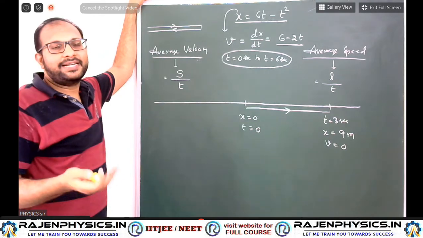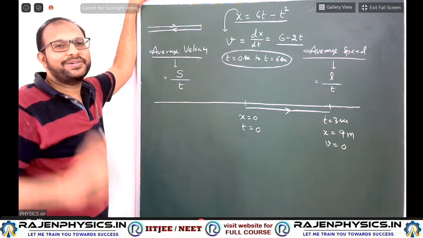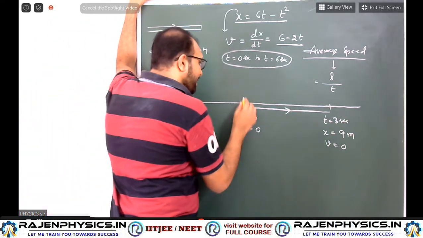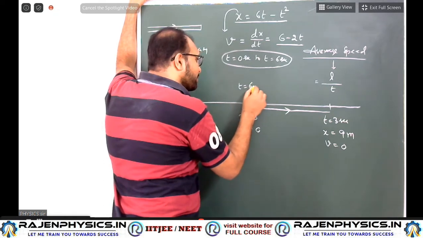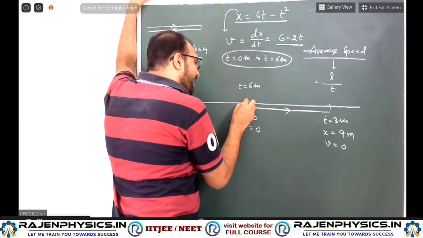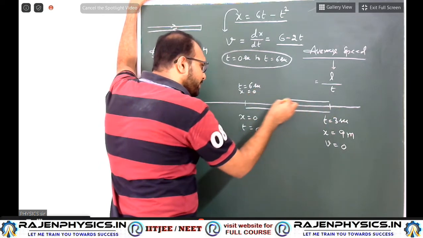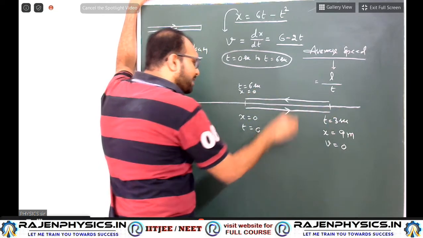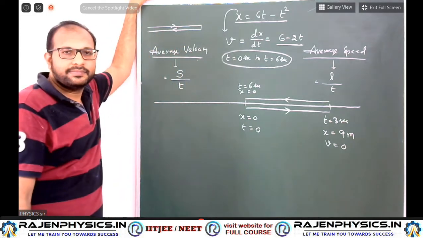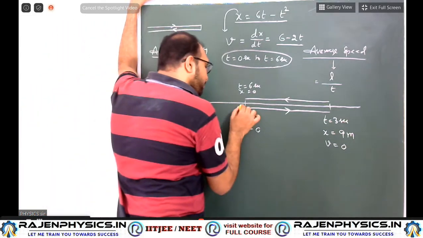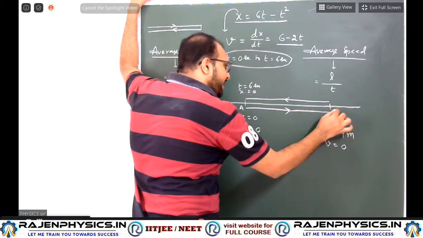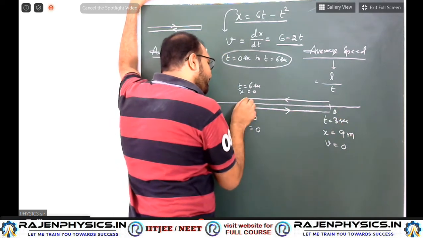Students, 36 minus 36, again 0. So after t equal to 6 seconds, again x equal to 0, which means the particle moved from here to here. That means the particle moved from A to B and then again from B to A.